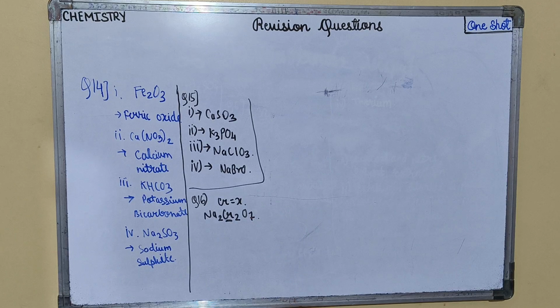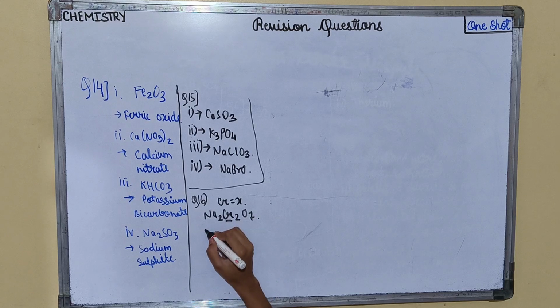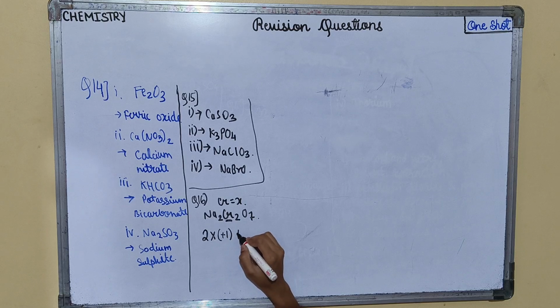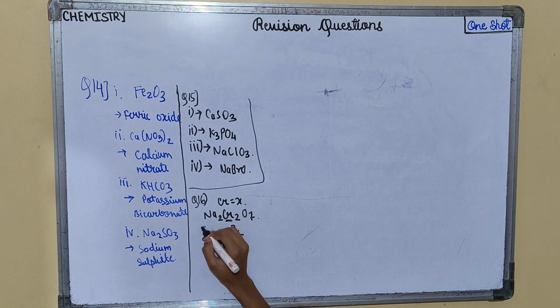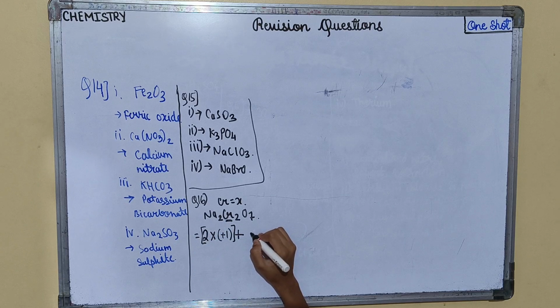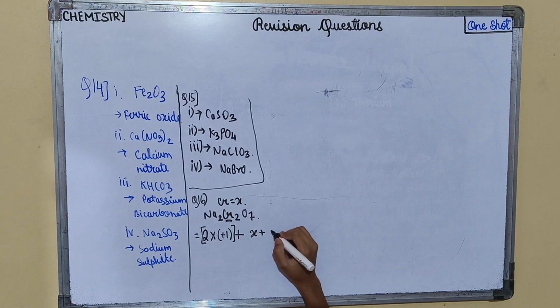So we have to find the oxidation number of Cr, and let us take it as X. So Na is given as 2 into plus 1, plus Cr2 which we have assumed X, plus 7 into minus 2.